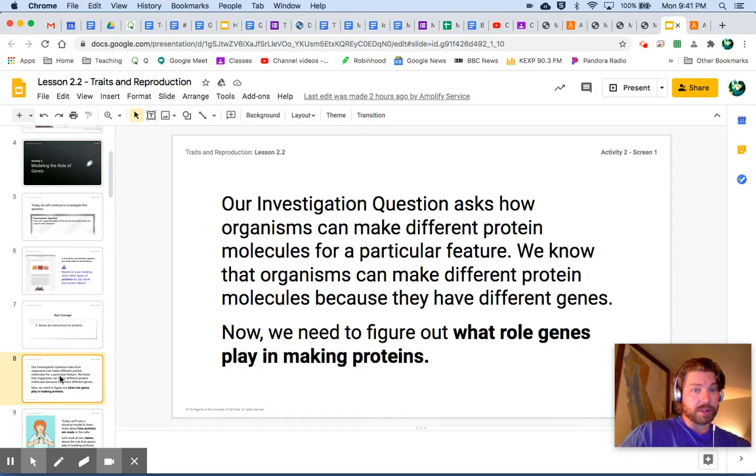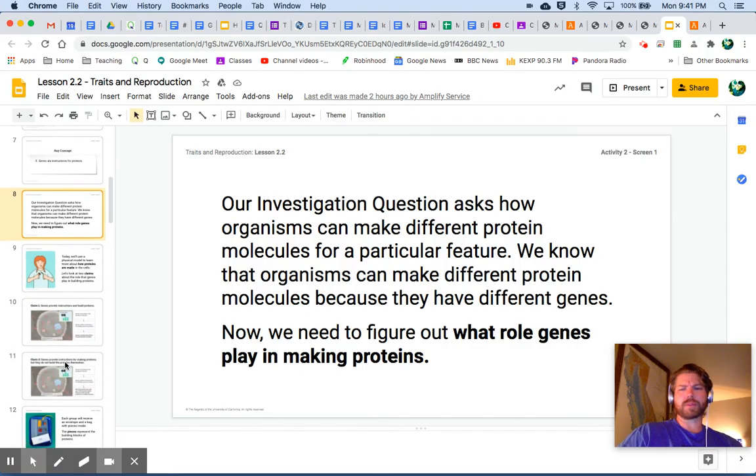So our investigation question asks how organisms can make different protein molecules for a particular feature. We're going to model this in just a second. We know that organisms can make different protein molecules because they have different genes. Now we need to figure out, what role do genes actually play in the making of proteins? Because we had talked about some claims previously with genes.